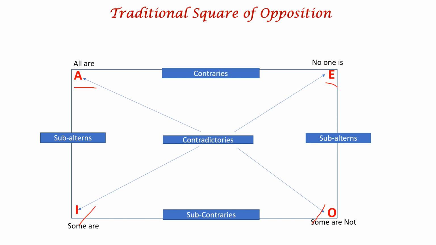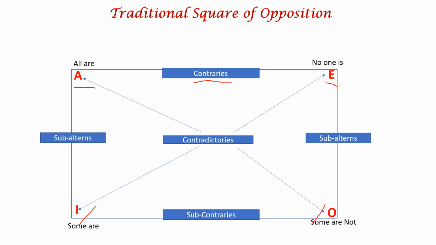So now we have labeled all the 4 corners of the square, and between A and E you should write contraries. That means the relationship between A type of statement and E type of statement is contrary. A and E are contraries.